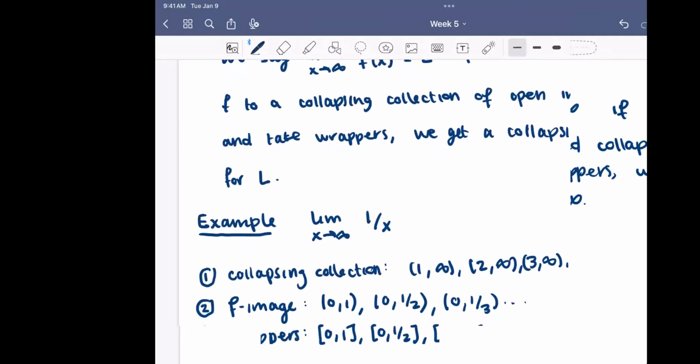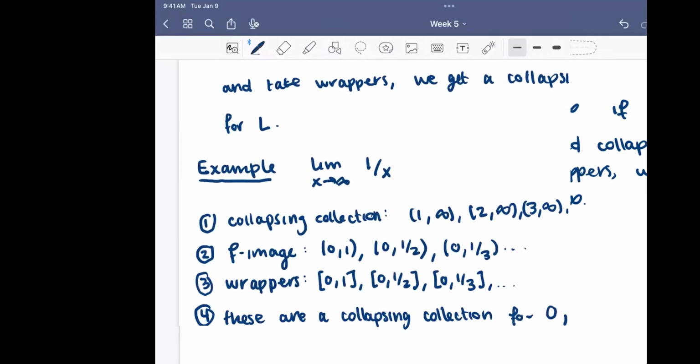It's the standard right-sided collapsing collection for 0. And so we can conclude that the limit as x approaches infinity of 1 over x is equal to 0.